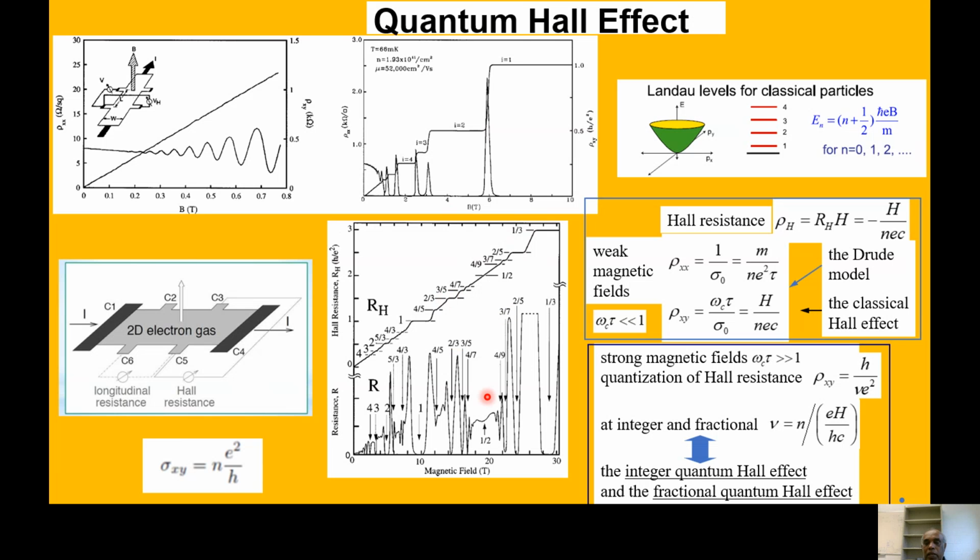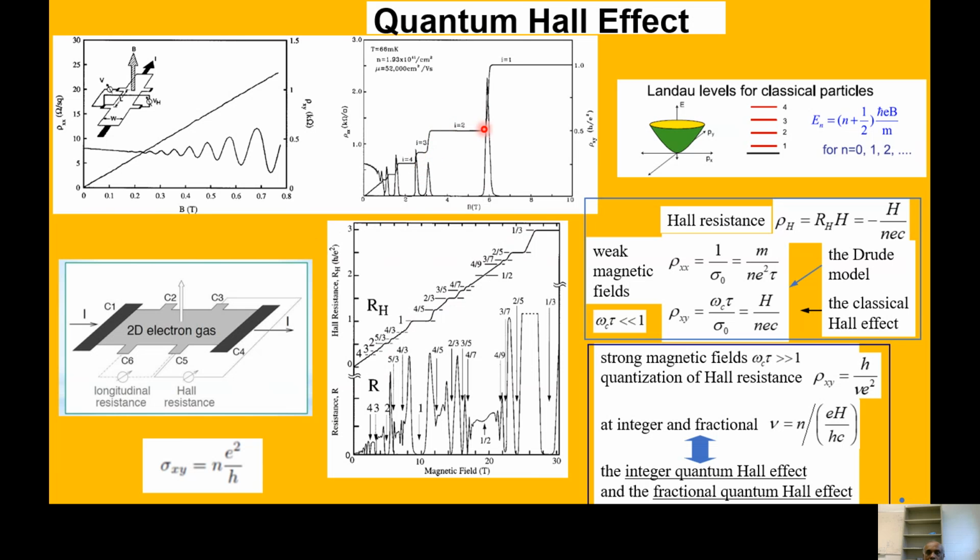So now you understand the classical Hall effect, that basically you have a linear rho xy with respect to B and a constant rho xx given by the Drude conductivity. But at high magnetic fields, you will see these oscillations, and whenever rho xx becomes 0, you have these quantum plateaus.